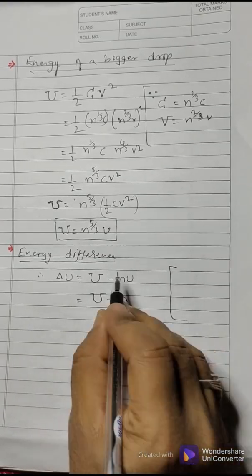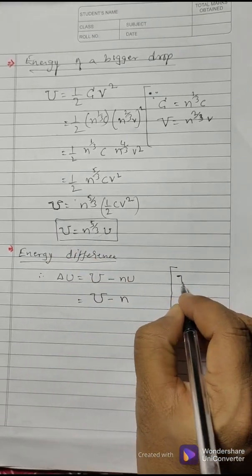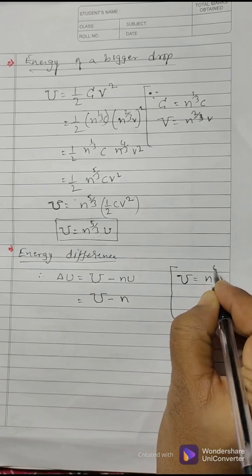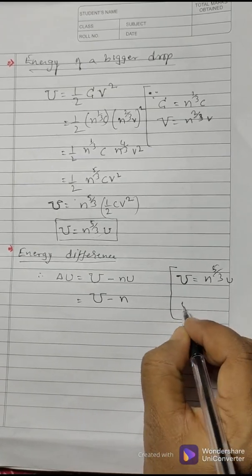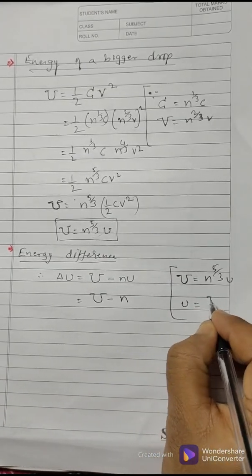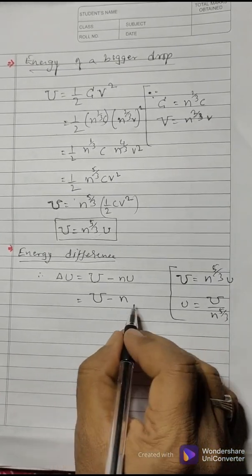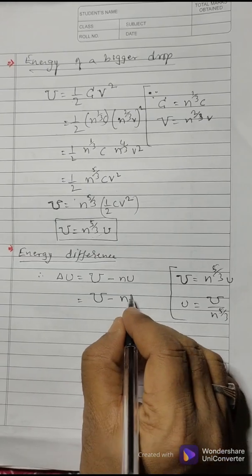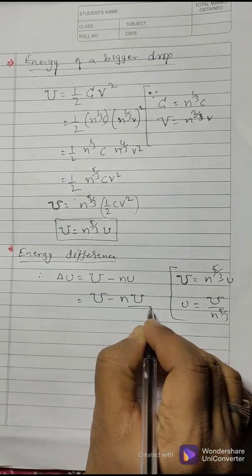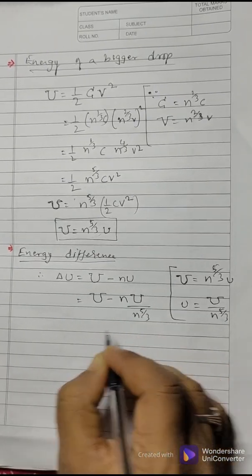From this I can write that capital U is equals to n power 5 by 3 into small u. Therefore, small u is equal to capital U divided by n power 5 by 3.